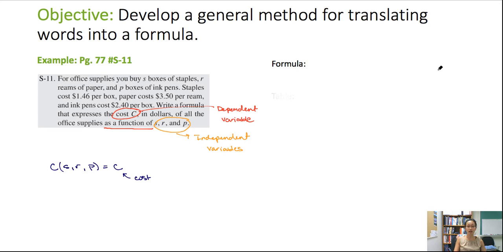All right, so in order for us to write the formula, we want to try to work out a couple of examples to see if we can get a pattern that will help us come up with a formula.